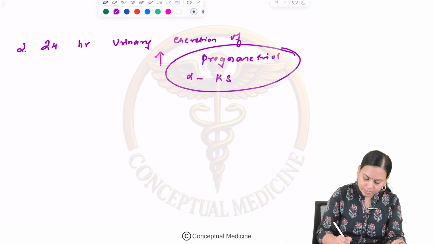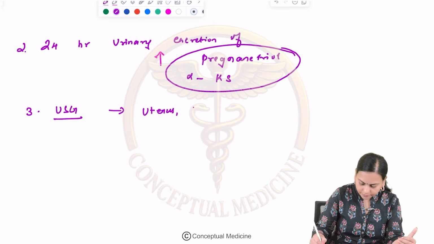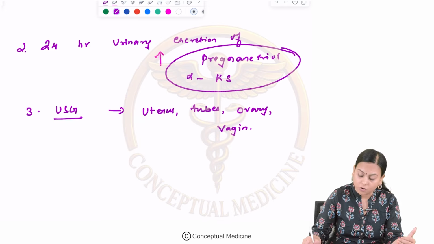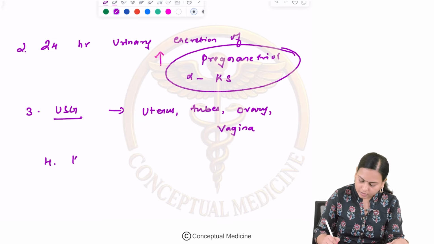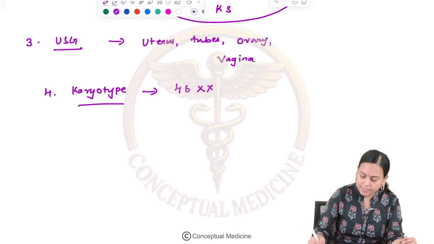And the next investigation is doing your USG to check whether the uterus, tubes, ovary and vagina are present or not. And karyotype usually in these patients will be 46XX.